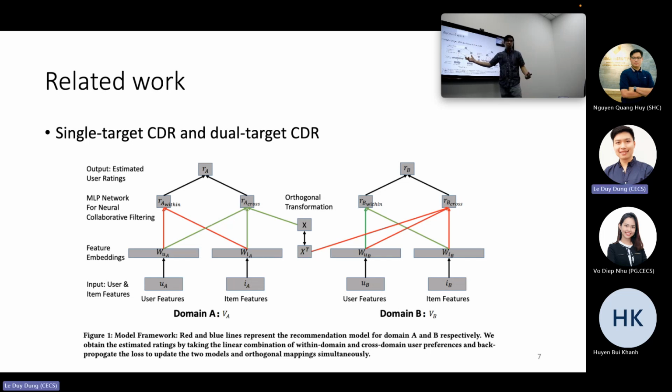Red one denotes only within that domain, from domain A, right? We have the red one from WUA and WIA, within, but it's not the same in the second one. You can look at the green line, and it's combined from WUB and WIB.